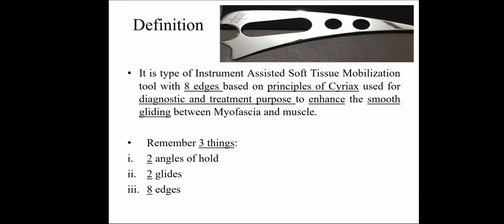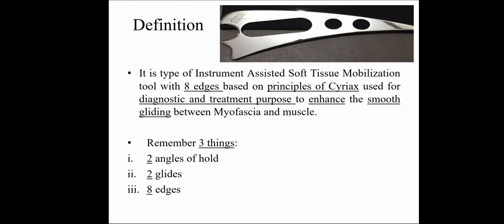Let's split the definition to understand the depth of the definition. It says that it is a type of instrument assisted soft tissue mobilization tool. When you talk about soft tissue mobilization, there are two types of soft tissue mobilization technique. That is your bare hand technique and instrument assisted soft tissue mobilization technique.